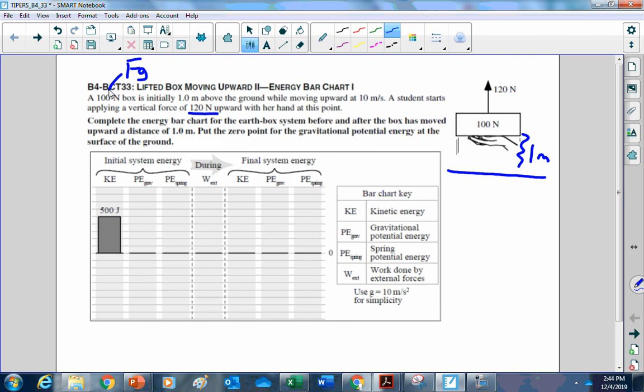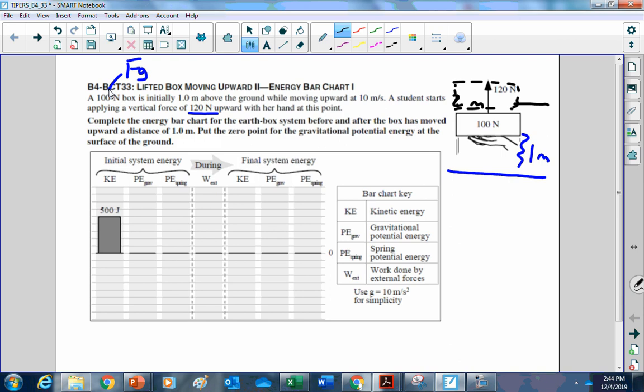So we're supposed to show this bar chart before and after the box moves upward a distance of 1 more meter. So it's going to go up to a total height of maybe 2 meters up here. So it's going to be displaced, and work is being done by this upward force.